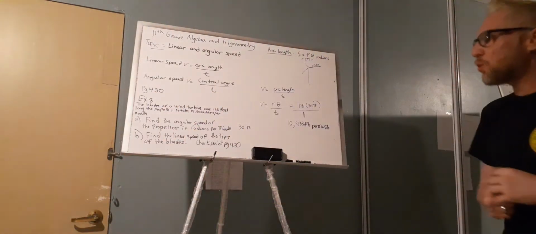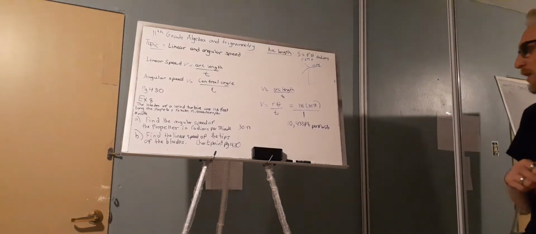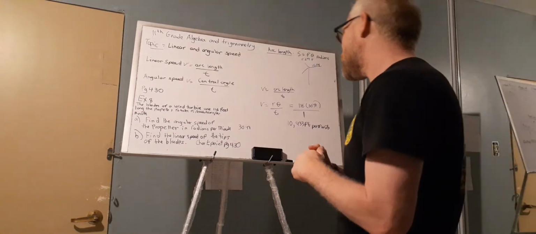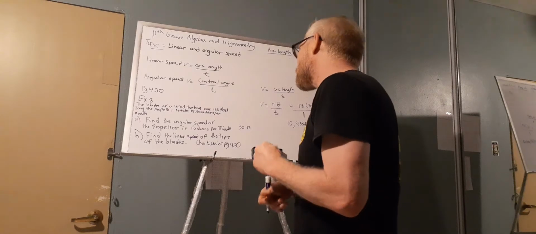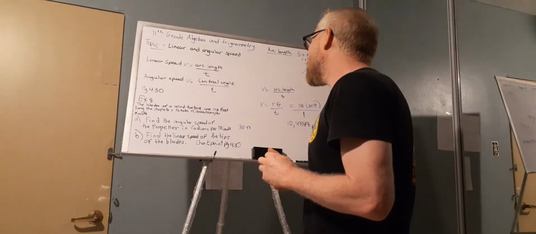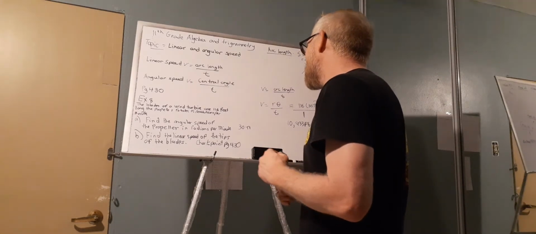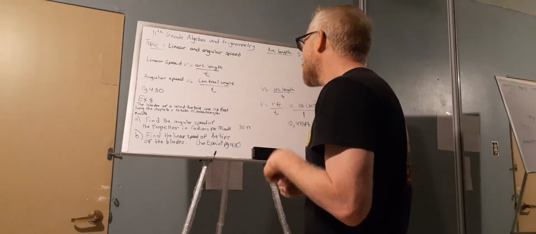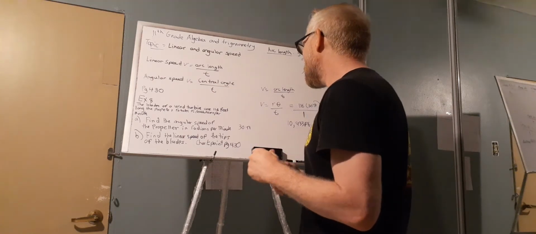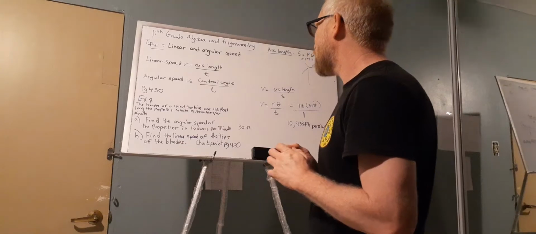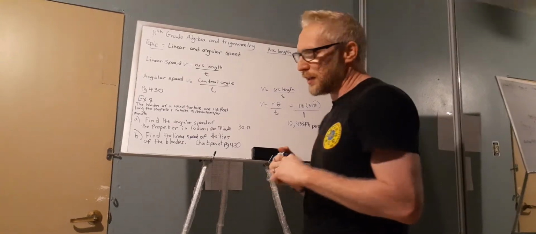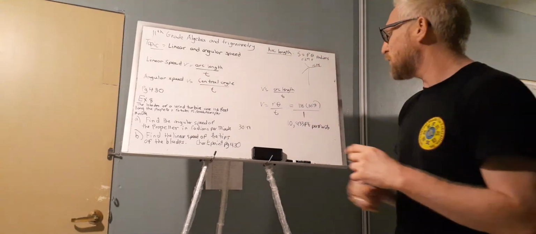Okay, so once again, very quickly, for A we found the angular speed, and the angular speed was the central angle divided by time. In this case, the central angle was the 15 multiplied by the 2 pi, and that gave us 30 pi.